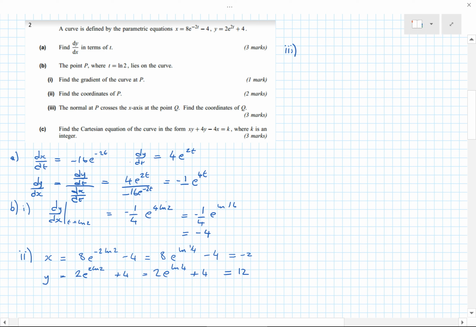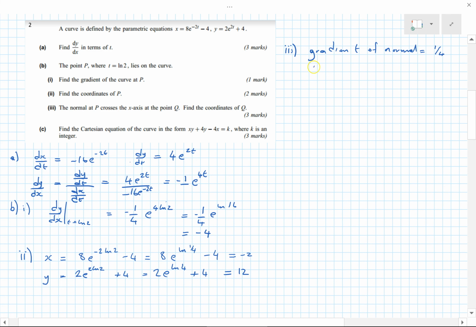So the gradient of the normal at this point P will be negative the reciprocal of this. Because we've got minus 4 there, that will be equal to a quarter.